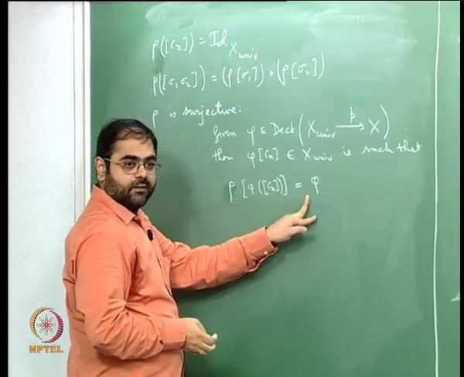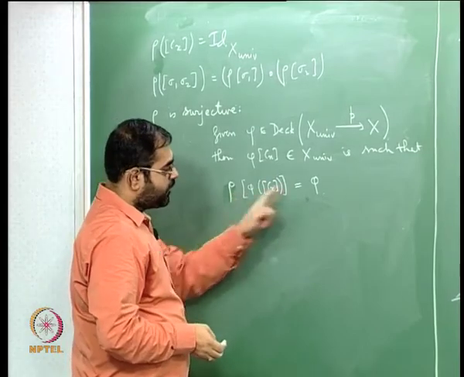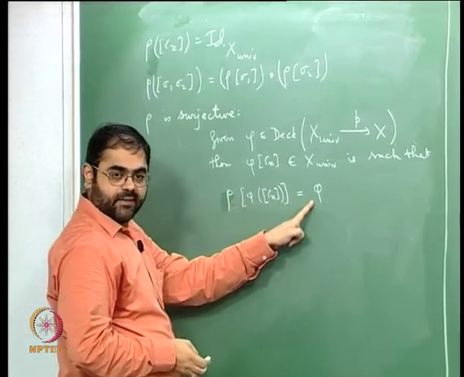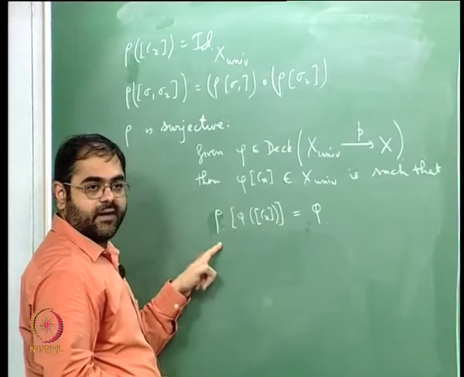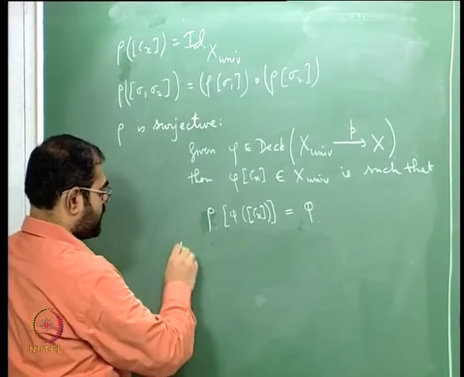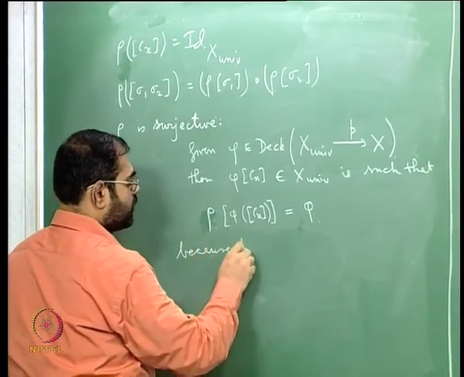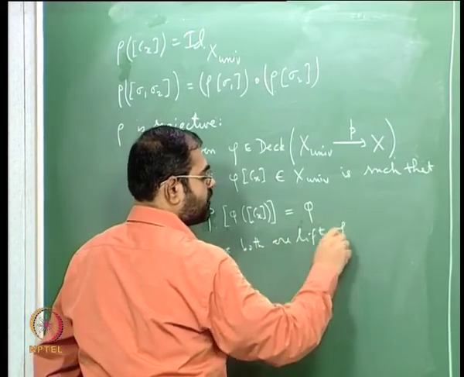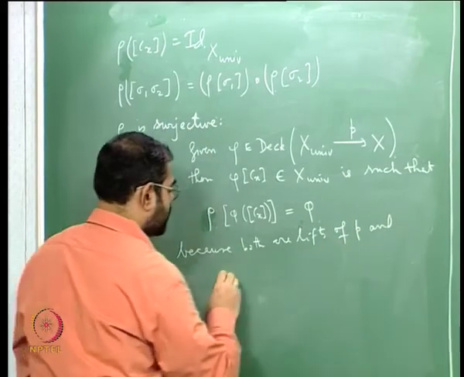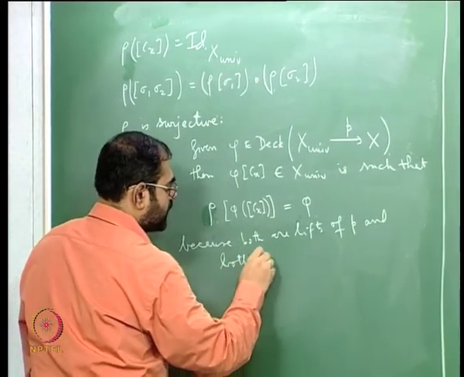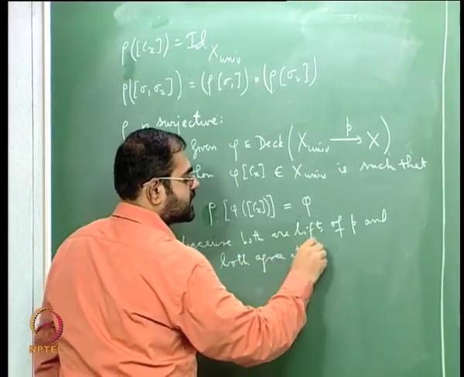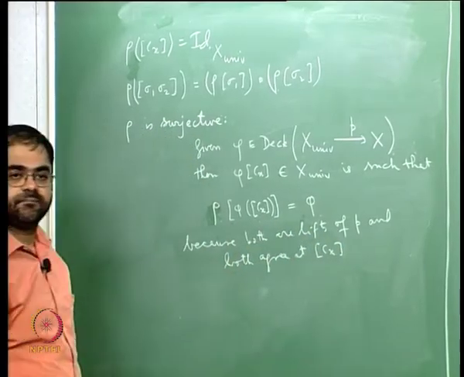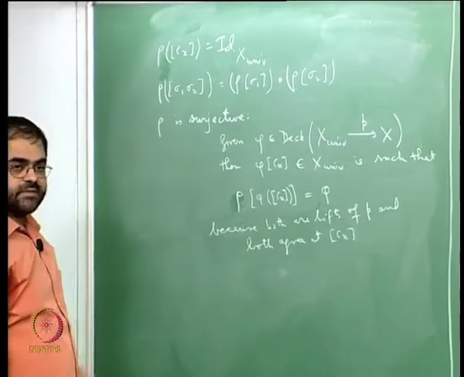These two are equal because they are both lifts of P and they both agree at Cx. That is why rho is surjective.